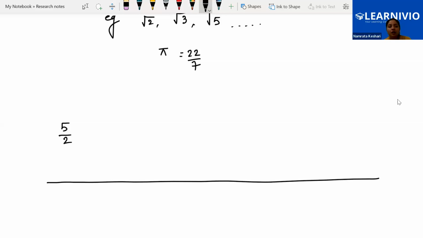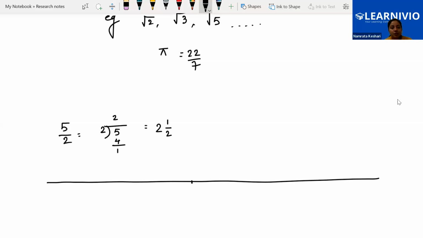What we used to do was convert it into a mixed fraction. When we convert it into a mixed fraction, we get 2 times 2 is 4, remainder is 1. So 5/2 can be written as 2 1/2, right?